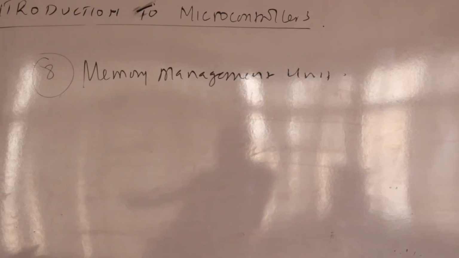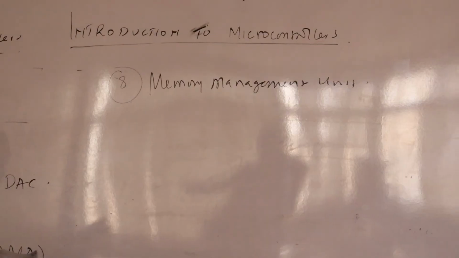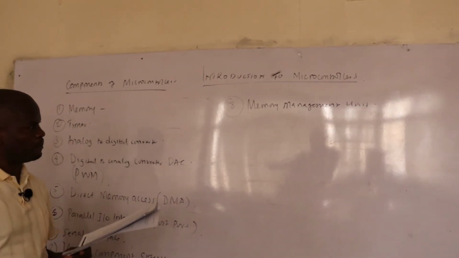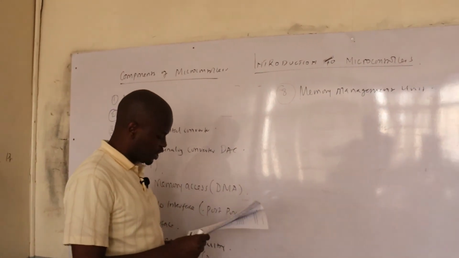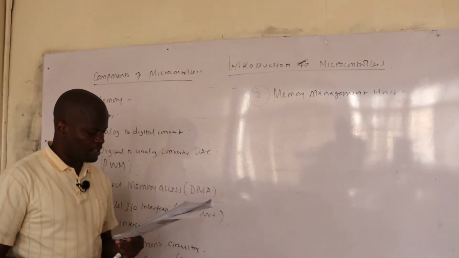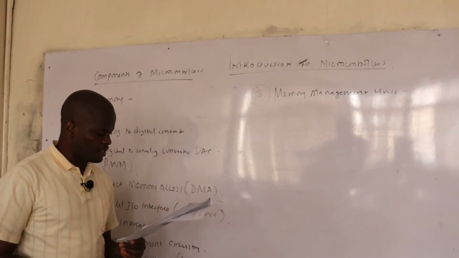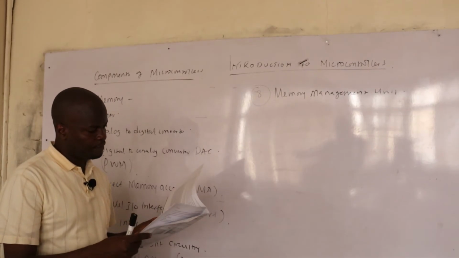The third one, it does what we call cache control, and acts as a buffer between the CPU and the memory. The fourth task that it does is bus arbitration, and also simple computer architecture bank switching. So those are the 5 tasks that the memory management unit usually does.